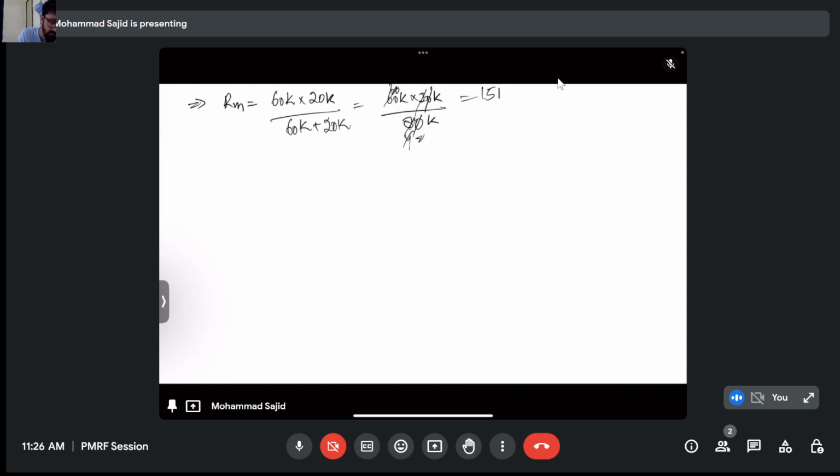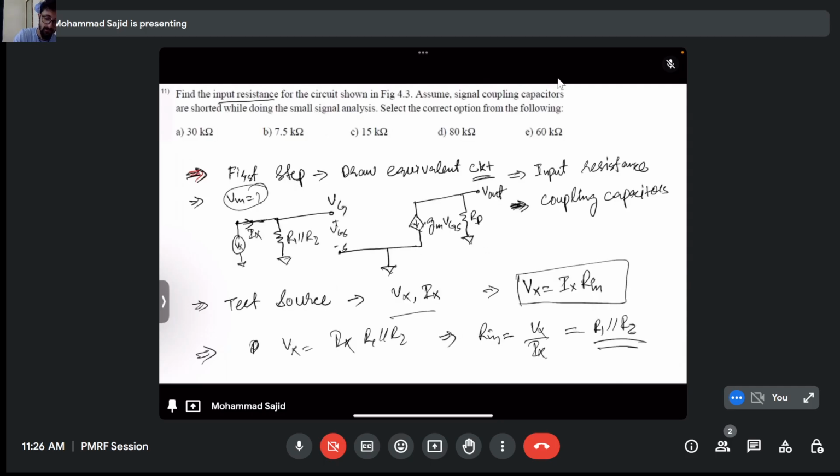It gives me 15k, right? So this is how you find resistance in a circuit. We apply a test source and simply follow Ohm's law and calculate it.